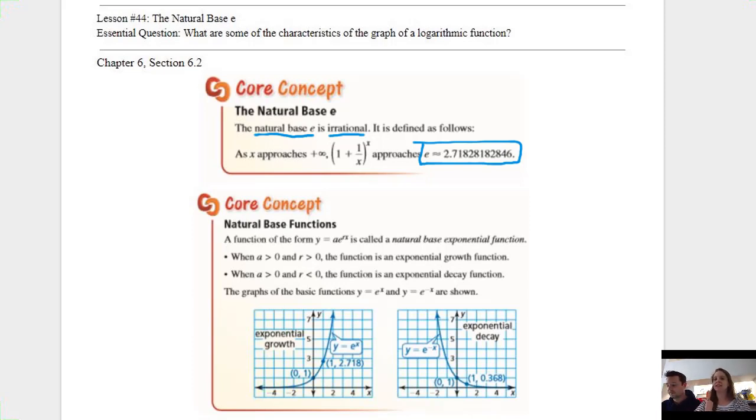So this is the idea. We've just been doing compound interest, compounded quarterly, monthly, daily, and now it's just compounded continuously. It just grows and grows and grows.